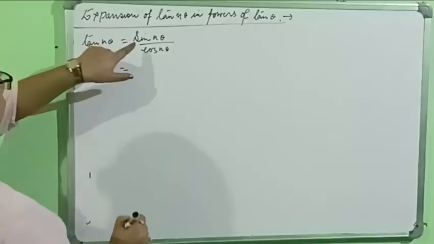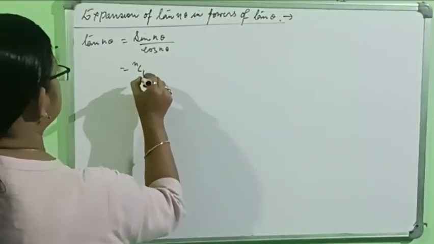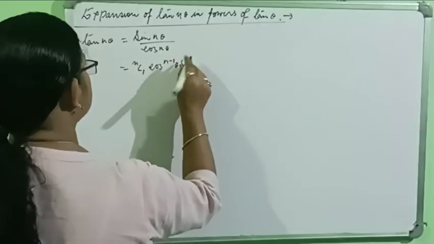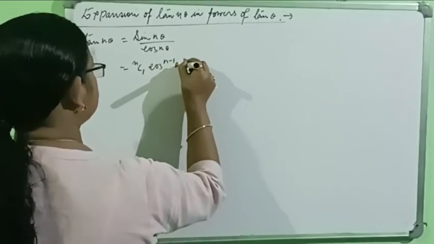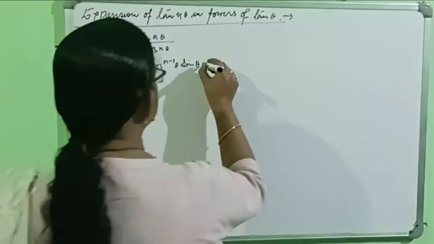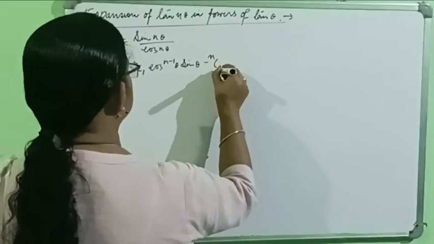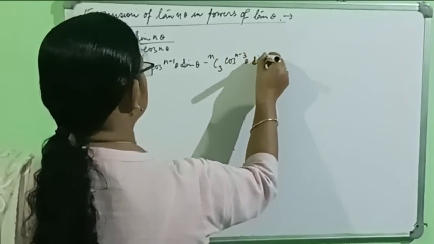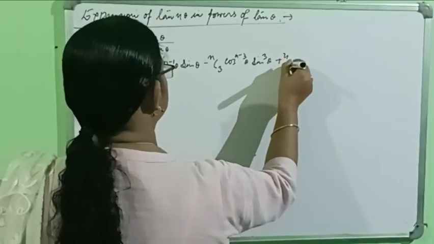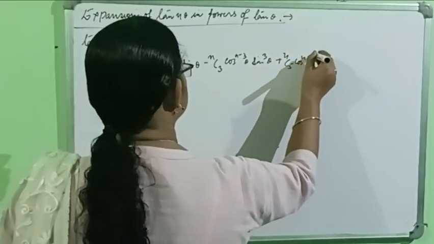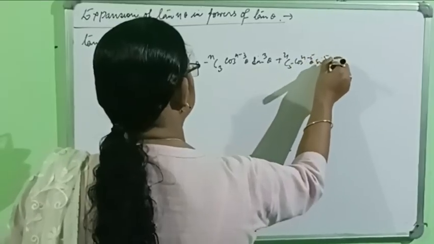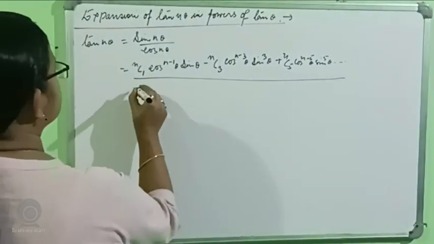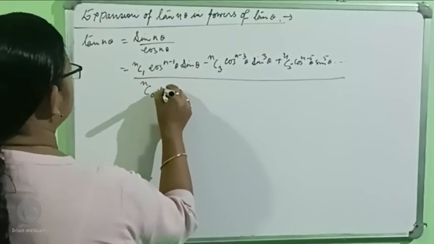The series for sin n theta is nC1 cos^(n-1) theta sin theta minus nC3 cos^(n-3) theta sin^3 theta plus nC5 cos^(n-5) theta sin^5 theta, divided by nC0 cos^n theta.